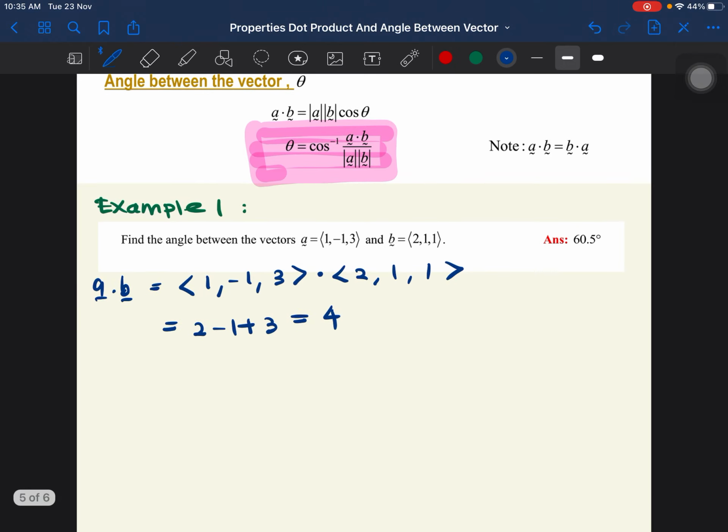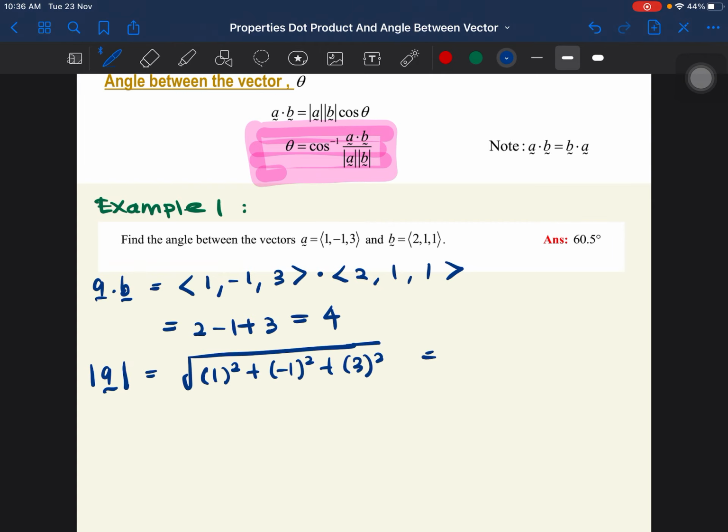Okay, so the next one, you have to find the magnitude of A. The magnitude of A is equal to the square root of 1 squared plus (-1) squared plus 3 squared, so you will have square root 11.